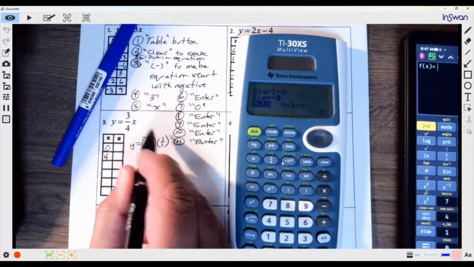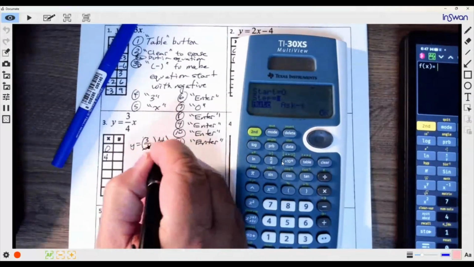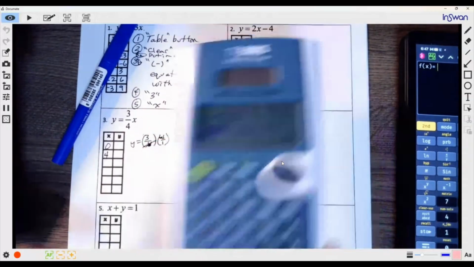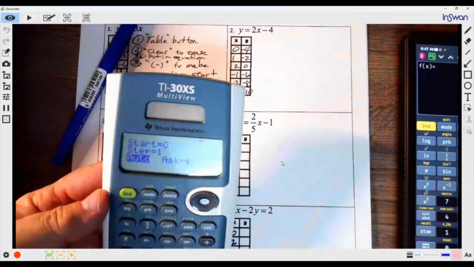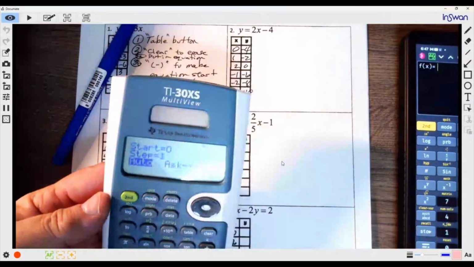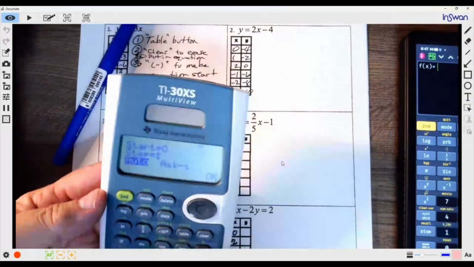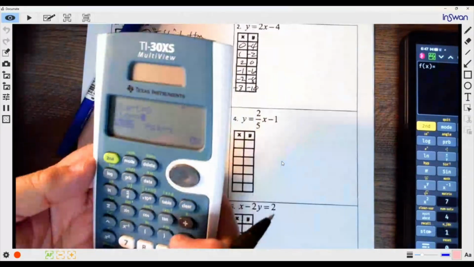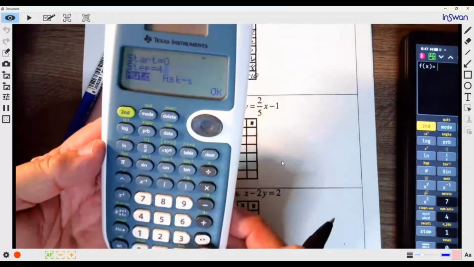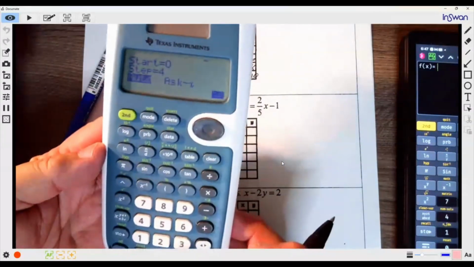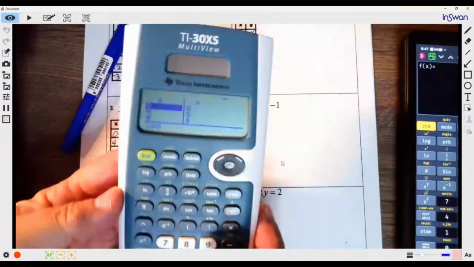I don't care about that 3 because it's going to be in the numerator, but we got to get rid of this denominator. So I need a multiple of 4. So I need to tell it to step 4 units every time so that I get 4, 8, 12, 16, etc. So I'm going to hit 4, enter. Right now we're going to leave it on auto, enter again to get on OK, and hit enter.